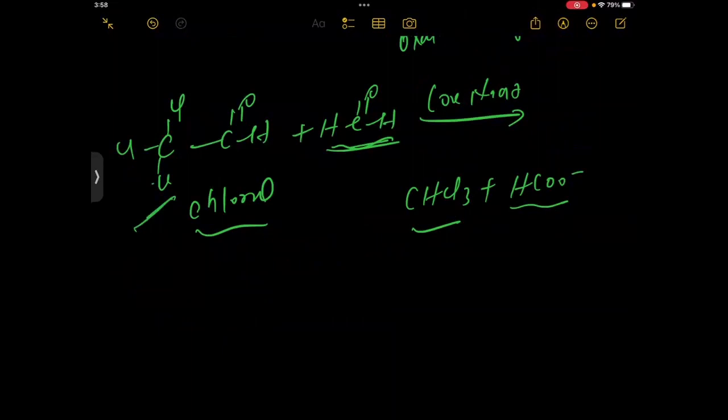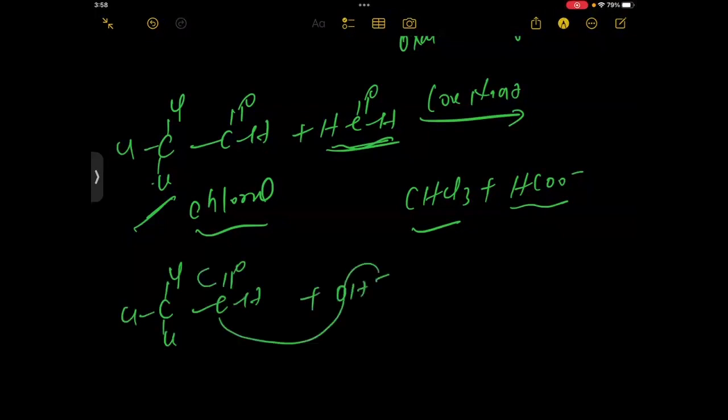Why? We understand the whole concept through the mechanism. Here is C double bond O, H, right? So we have the OH negative which will attack here, and the alkoxide will form, right?